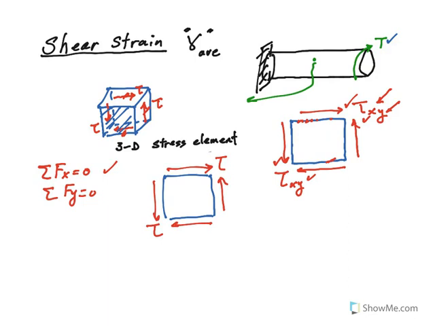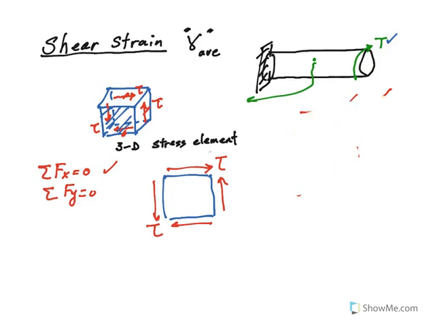Anyways, now, we still haven't talked about the shear strain yet. But this is where we talk about the shear strain. Let me just erase this so I have room here to show you what's going on. Imagine, as a result of these shear stresses acting here, let me redraw this for you here, tau, right?